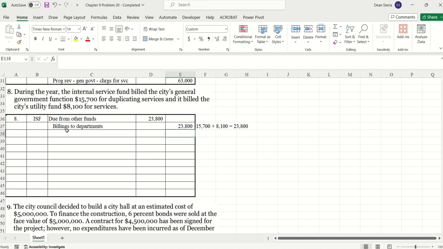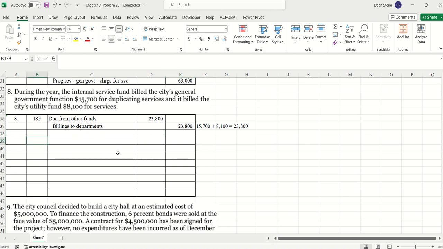Okay, hope that makes sense. Wow, I'm losing it, I'm telling you. So 8, internal service fund, due from other funds is that much. The other funds owe them. And billings to departments, that's their revenue.